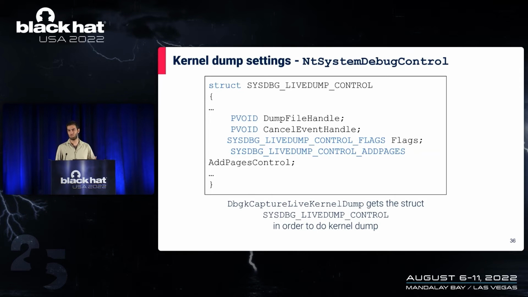A handle to a file in the container, which is easy, and flags for dump and page control, which define how the dump will look and what it will contain. I took source code from the internet that triggers the kernel dump. I changed it a bit and managed to do a kernel dump and read it from inside the container.